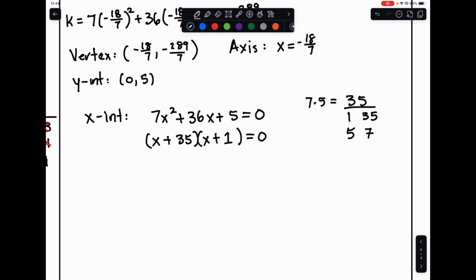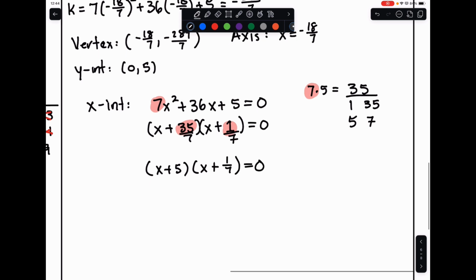And now I'm going to divide by this number. Since that's the number in the beginning, that's the number we divide these values by. So I'm going to divide 35 by 7 and 1 divided by 7. The first fraction does reduce: 35 divided by 7 gives me 5. But the second fraction does not. 1 over 7 is going to stay as 1 over 7 since it gives you some decimal value.